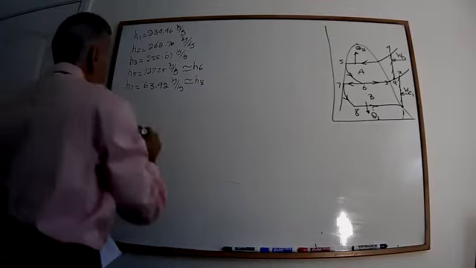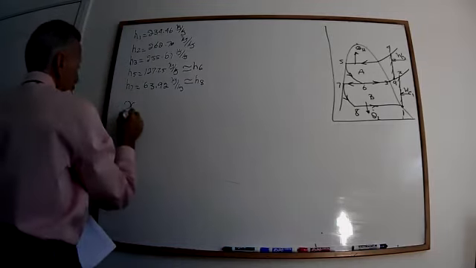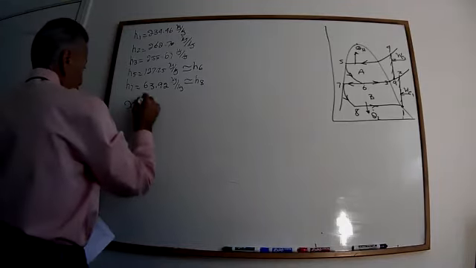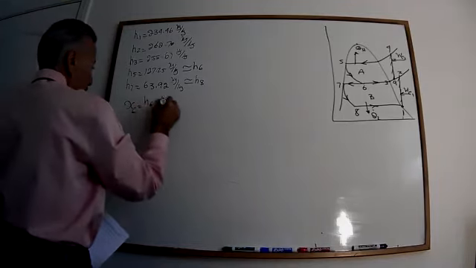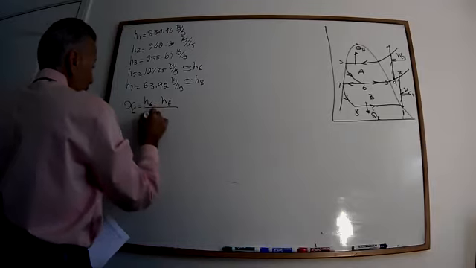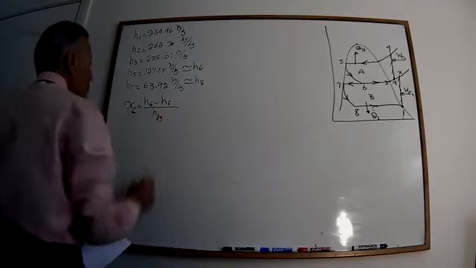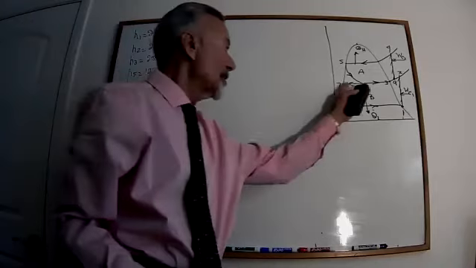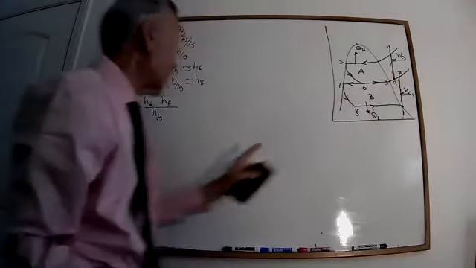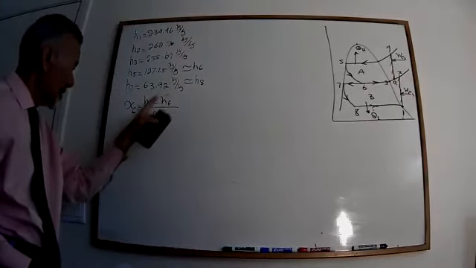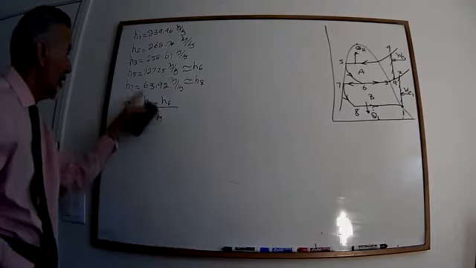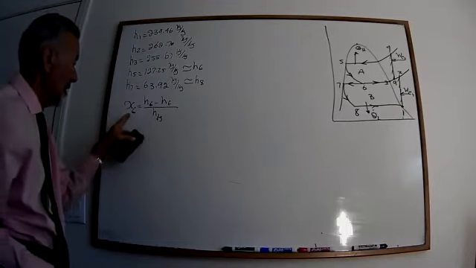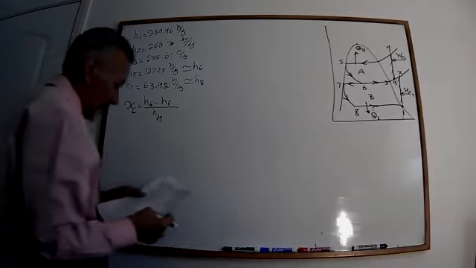Now, to find the quality, X6 is equal to H6 minus H of F, divided by H of F G. So based on this pressure, we go to the table, find H of F, find H of F G. I already have the value of H6, so I can easily find the quality at point 6.